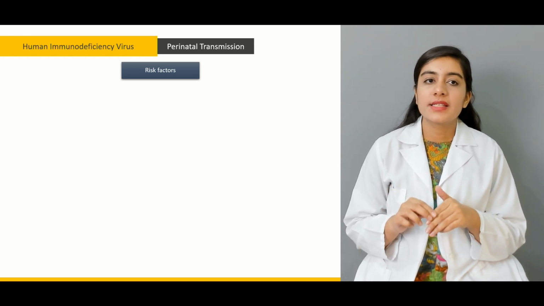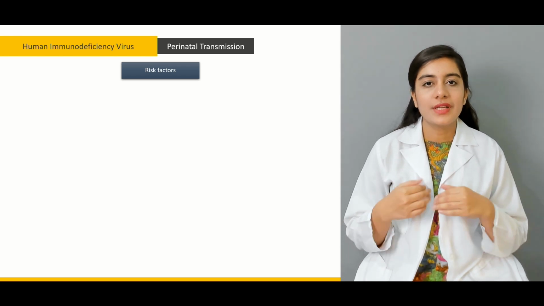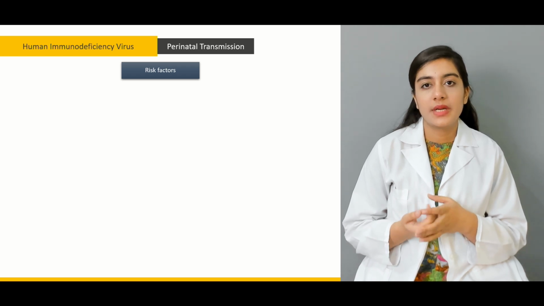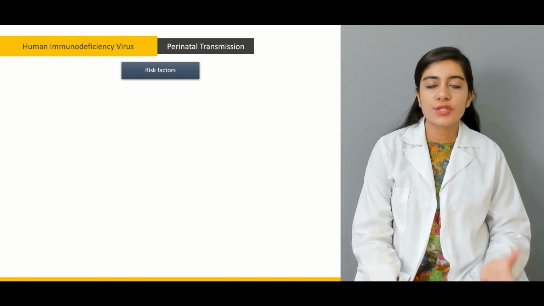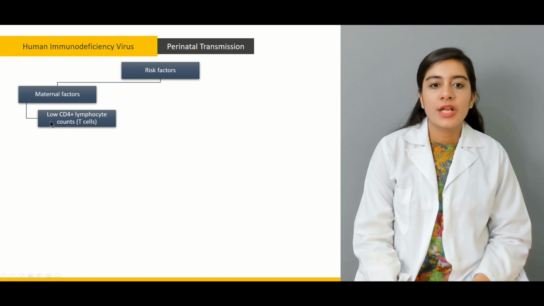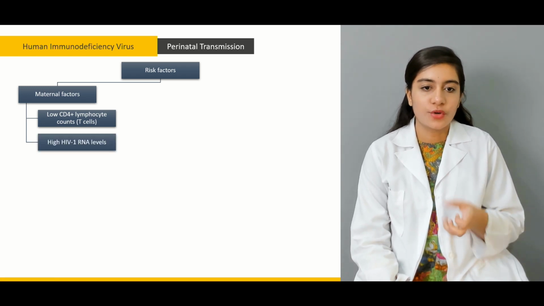The second is during delivery because of the infected birth canal, and the third one is during breastfeeding if the mother is infected. The maternal risk factors for the disease include a low CD4 lymphocyte count, that is the T cells, which are responsible for the immune response generated inside the body.